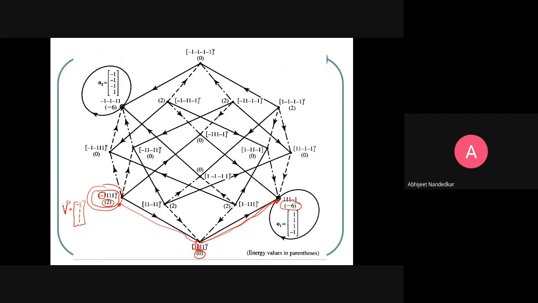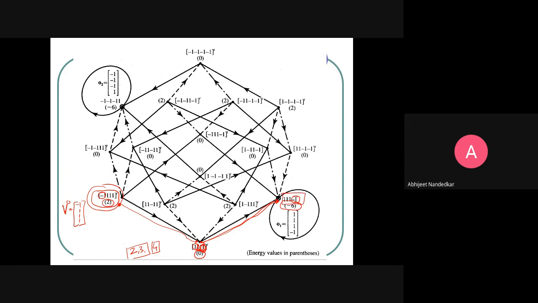After I allow the fourth bit to update. For second neuron, third neuron, there were no changes in the output. But when I allow fourth one, then it has flipped. So this position was flipped when I change or allow output number 4 to change. So it has become minus 1. So that has become minus 1 here.